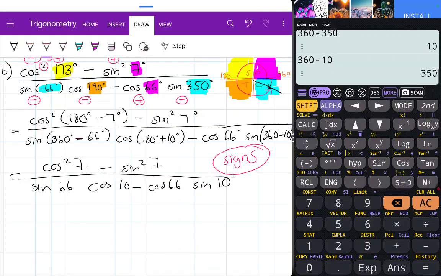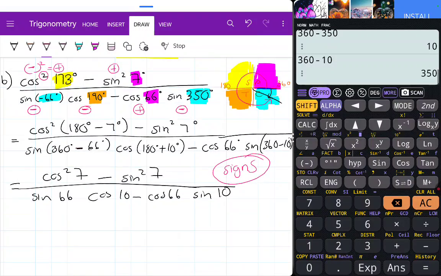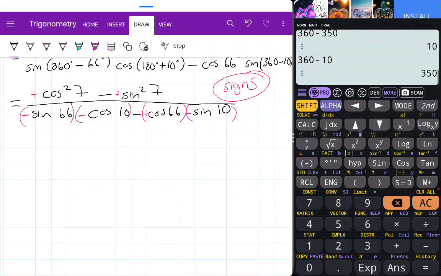So let's go back and do the signs. Squared is always positive. Squared is always positive. Blue one at the bottom is negative. Orange is negative. Purple is positive. And blue is negative. Because of the signs, I'm going to put everything in brackets, and then we multiply the signs out.